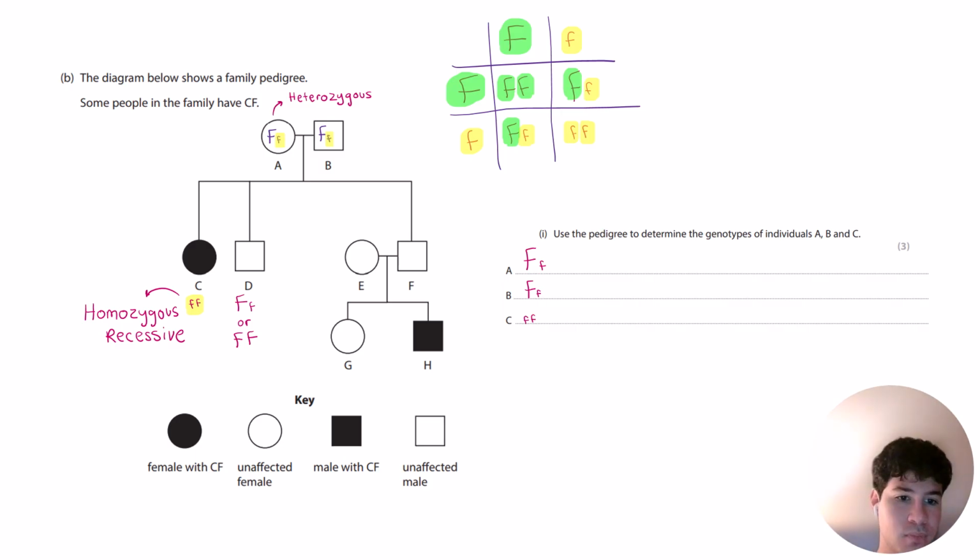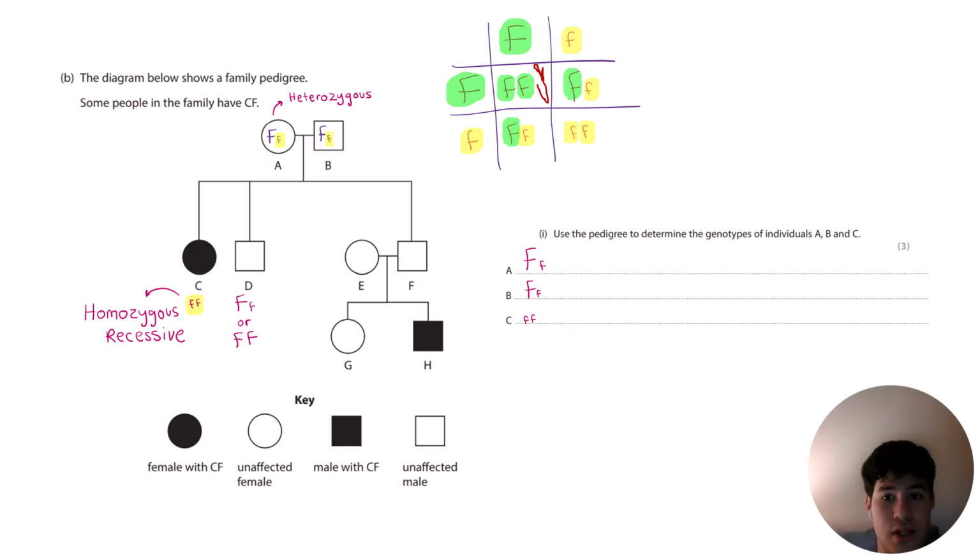Okay, so we're going to draw our Punnett square. We have capital F and lowercase f for the father, and capital F, lowercase f for the mother. You're going to draw your Punnett square. Over here, we have FF, both capital.